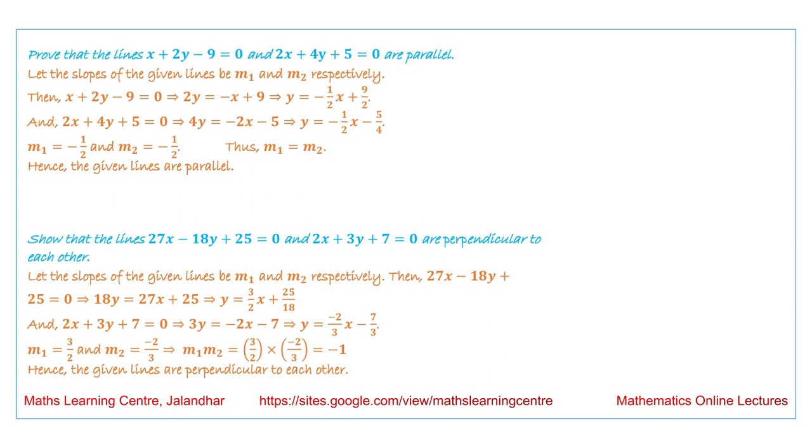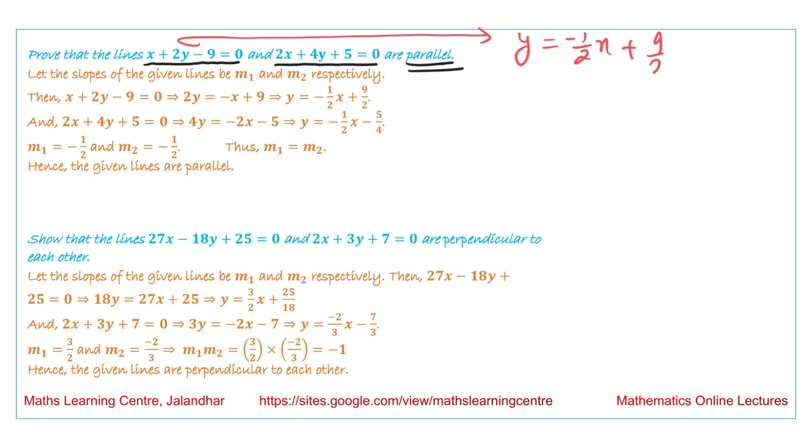Next is prove that the lines x plus 2y minus 9 is equal to 0 and 2x plus 4y plus 5 is equal to 0 are parallel. So this first equation we can write in the form y is equal to minus 1 by 2 x plus 9 by 2. This implies the value of m for this equation is minus 1 by 2. This is the slope corresponding to this equation.